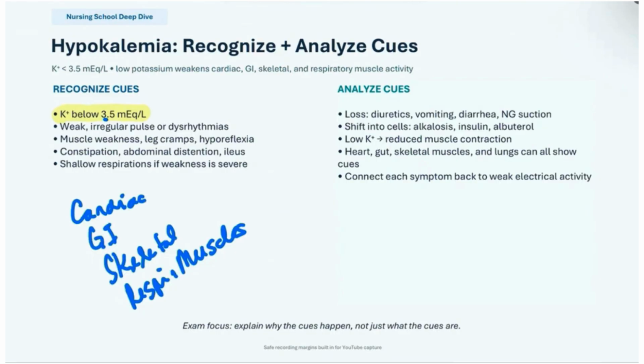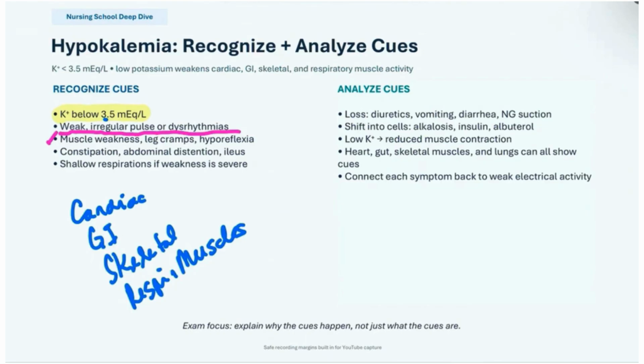So now let's look at the cardiovascular findings. The patient may potentially have a weak, irregular pulse, and if the hypokalemia is really bad, in some situations, dysrhythmia can occur.